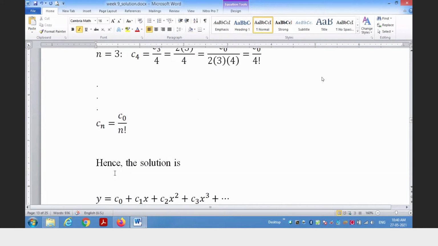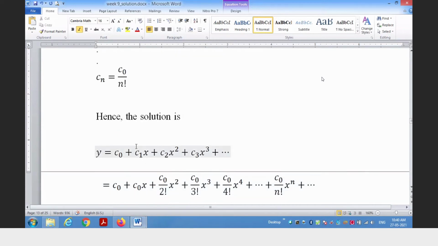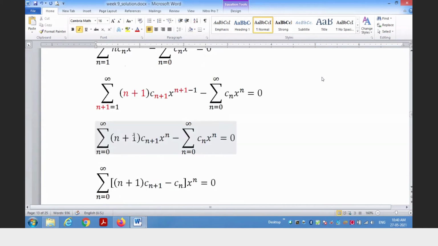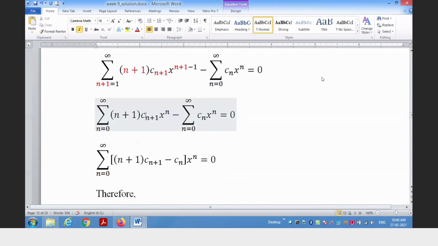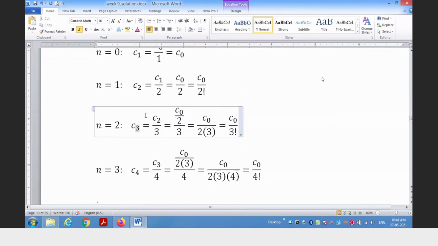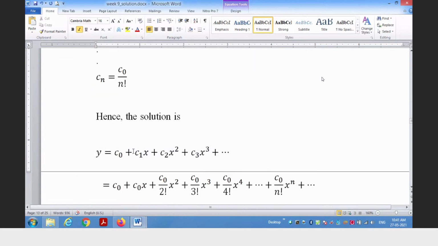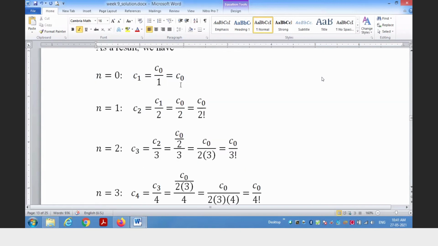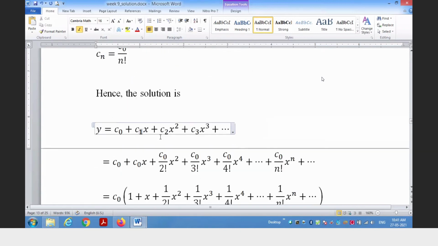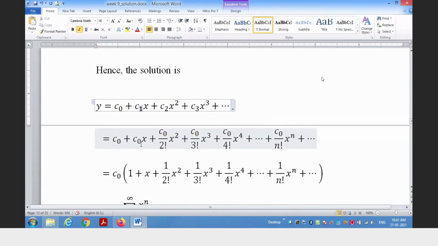We know that the solution is in this form, because we assumed before that the solution will be in this form. Now you replace C0, C1, C2, C3 and so on. C1 equal to C0, so you replace this C1 with C0.